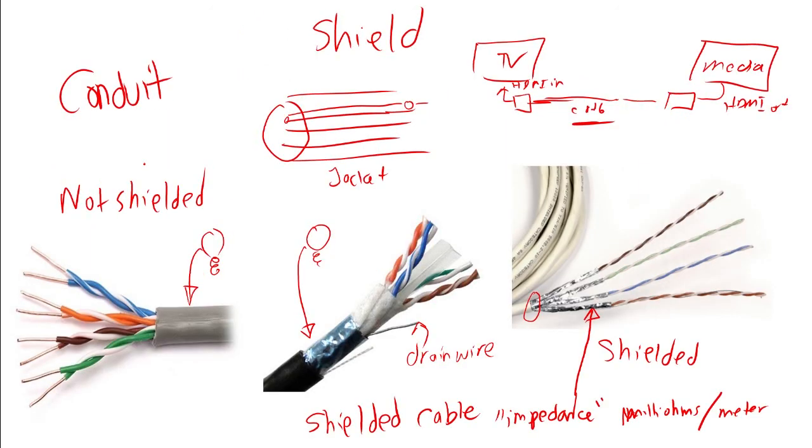And then I mentioned the drain wire. Because the drain wire connects to the shield, we need to ground that drain wire, because the electron hits the shield and it travels out through the drain wire and then into the earth.